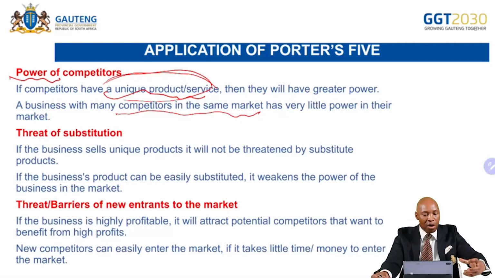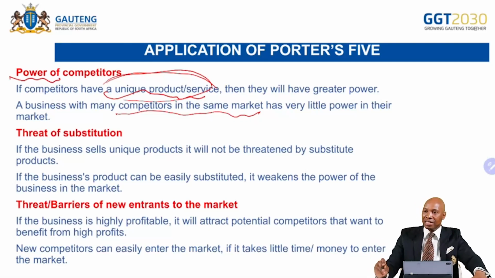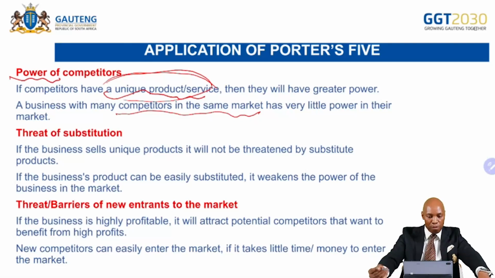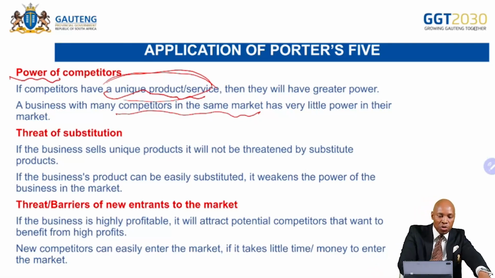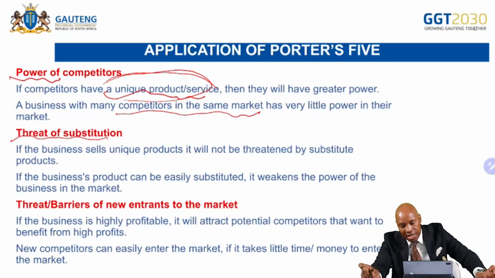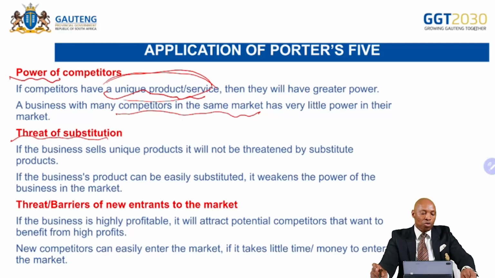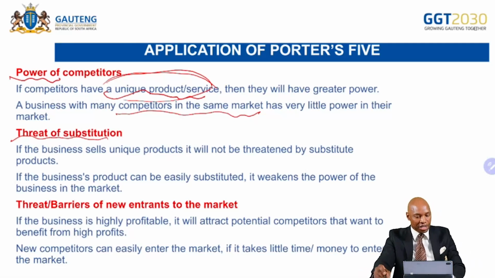What gives them power is the unique product that they are selling, that is not sold by any other competitor. Now, let's look at the threat of substitutes. Remember our business. Our business is a manufacturing company that is manufacturing bags. What is the threat of substitution in our operations?